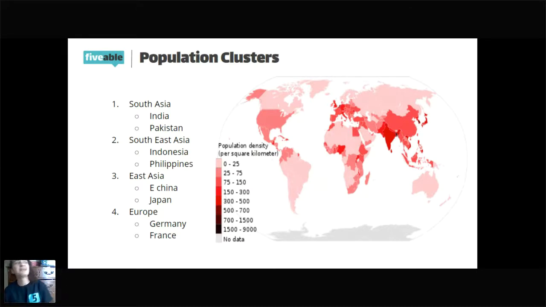But we're talking about population as a whole, so the amount of people living there. If you think of populated areas like India and China, the places where it's very clustered, there are a lot of people living in them.